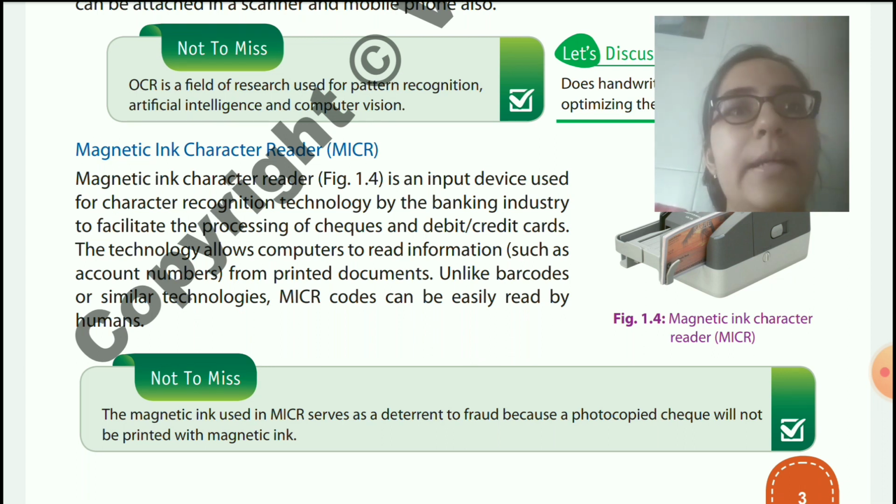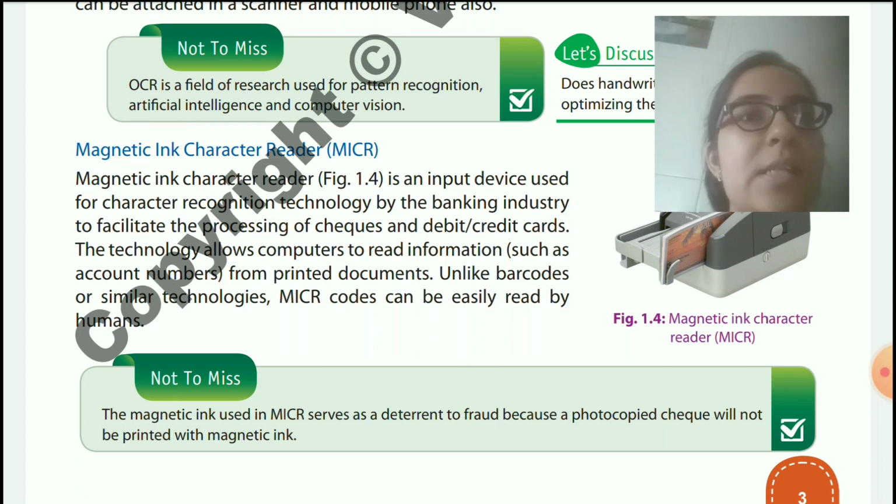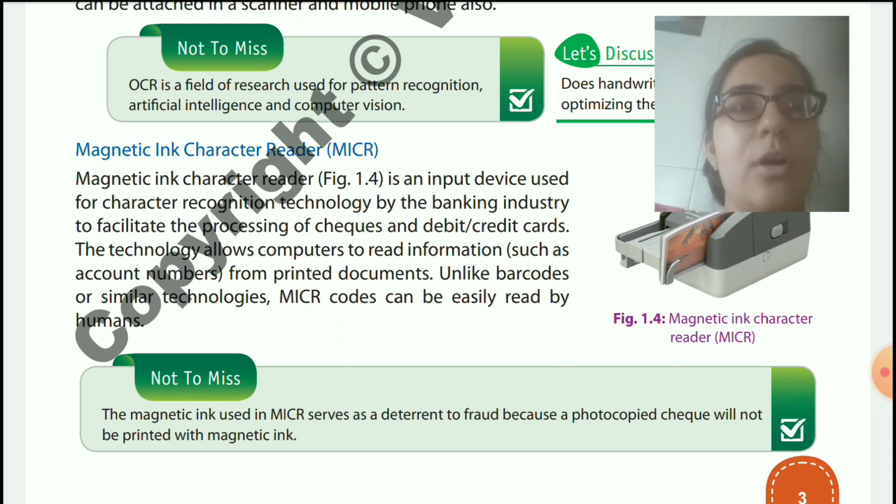Magnetic ink character reader is an input device used for character recognition technology by the banking industry to facilitate the processing of checks and debit credit cards. The technology allows computers to read information such as account numbers from printed documents.